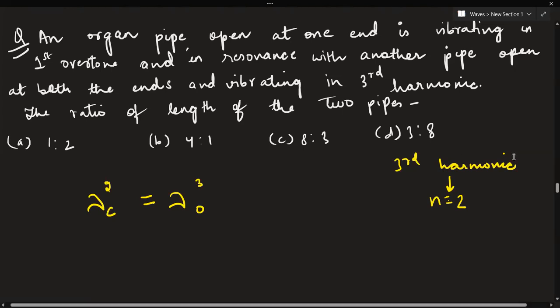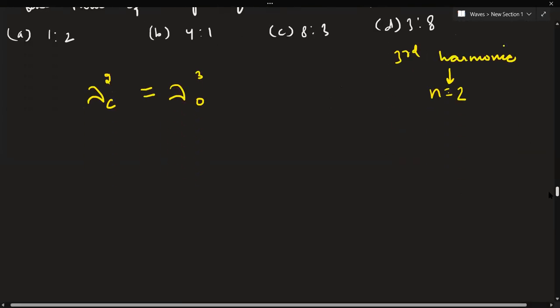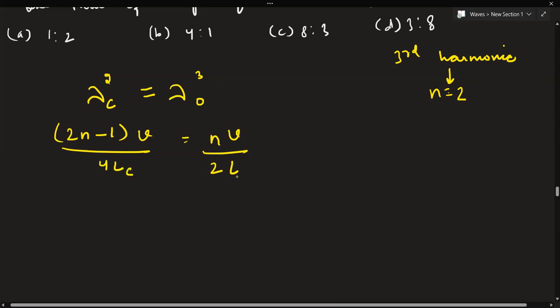Okay, now see the values of the frequencies. This is (2n-1) V by 4L for the closed organ pipe, and for the open organ pipe, it's N V by 2L. Now see, length of the pipes are different, which we have to find out. Length of closed organ pipe and length of open organ pipe. See, velocity is same, velocity will get cancelled.